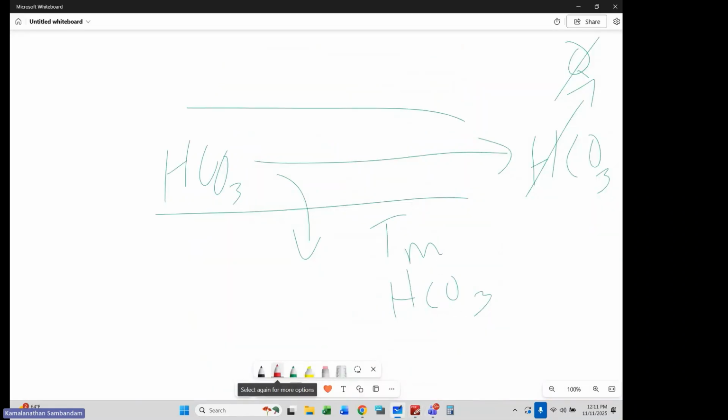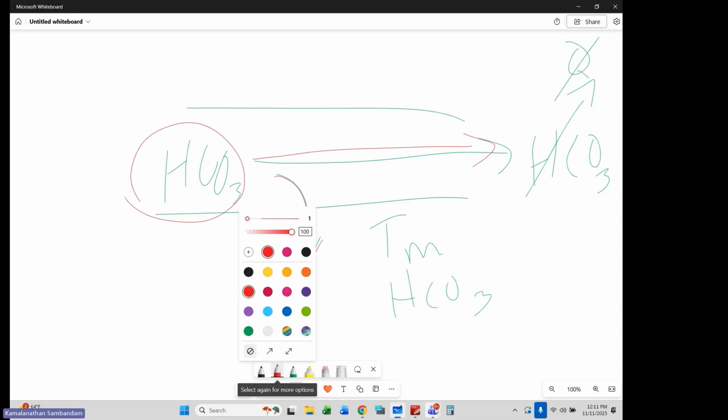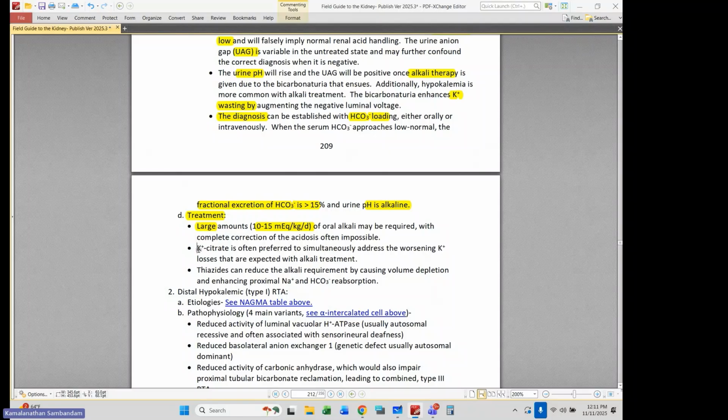As soon as this starts to rise by giving alkali therapy, now I'm exceeding my tubular maximum, and then the bicarbonate in my urine is no longer zero, right? It's sort of an overfill. It's trying to fill a bathtub with an unblocked drain, okay? That's the analogy maybe I can come up with. And we use K citrate because there's usually accentuated K losses.